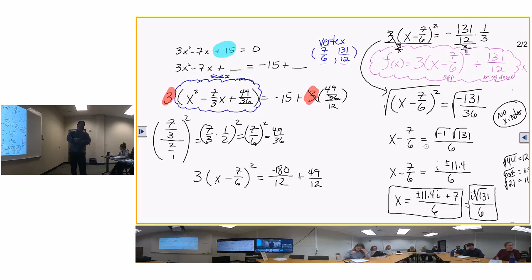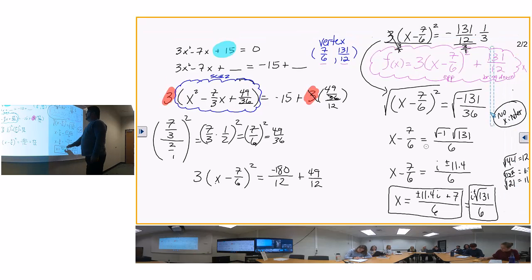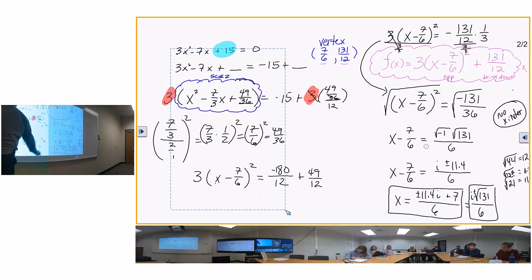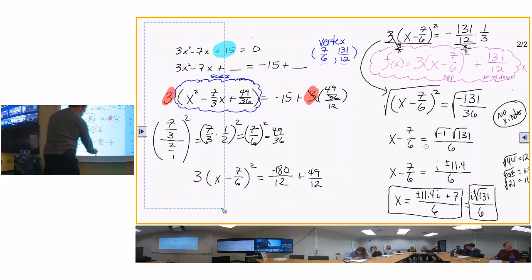So now I want you to sketch it. So let's sketch this one. So right now I'm going to take my handy dandy cursor, and I'll see if it works. Dadgummit. Nope. Go ahead and be sketching this graph.